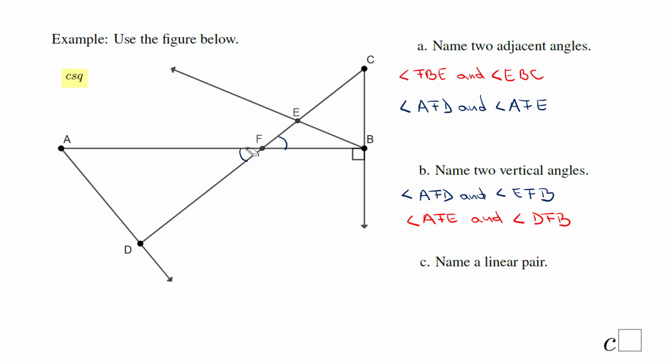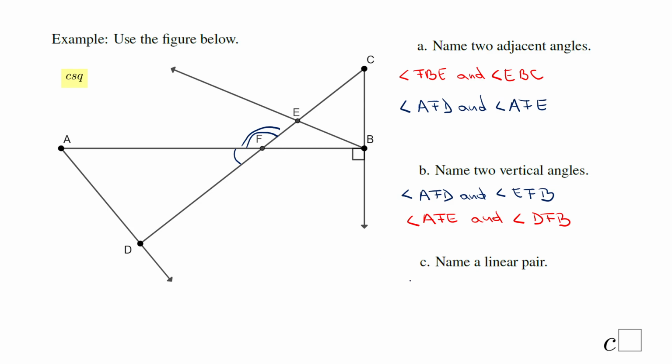So let's see the last part of this problem. Name a linear pair, and if you remember, I named one already. It's angle AFD, this one here, and AFE. We did that in the first part.